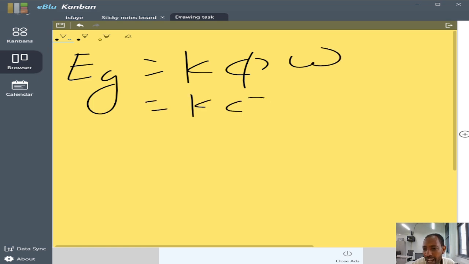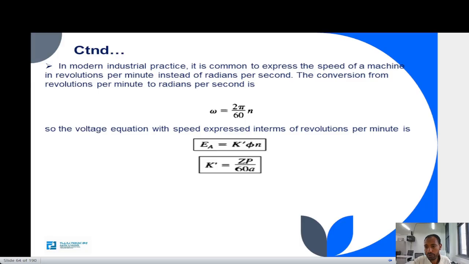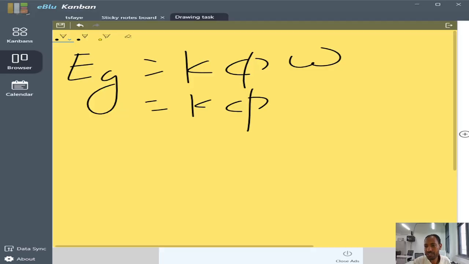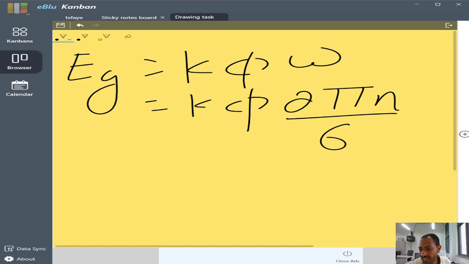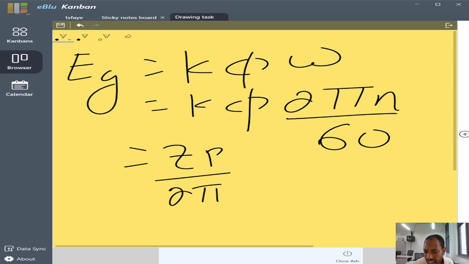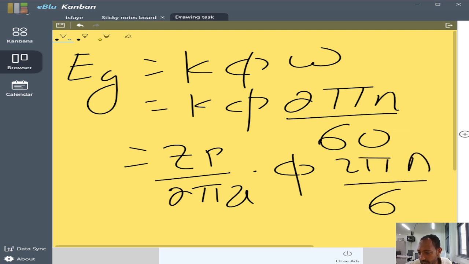Now the speed n in revolutions per minute can be converted into rad per second with 2 pi n by 60. So ZP by 2 pi A times phi times 2 pi n by 60.